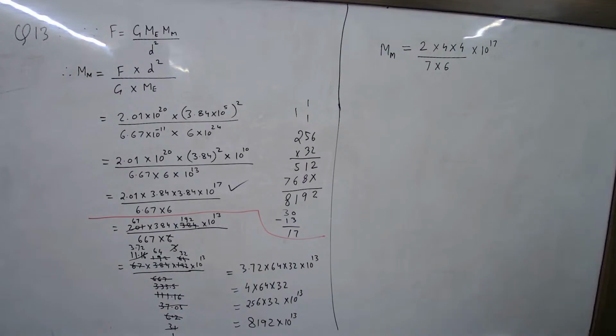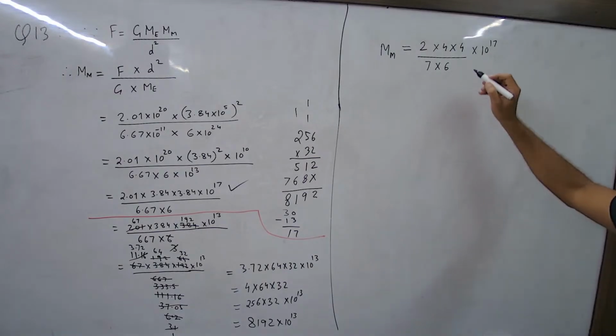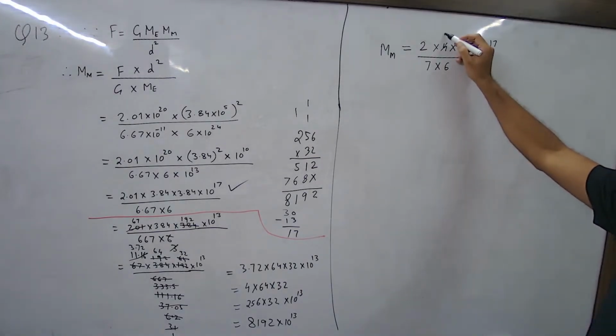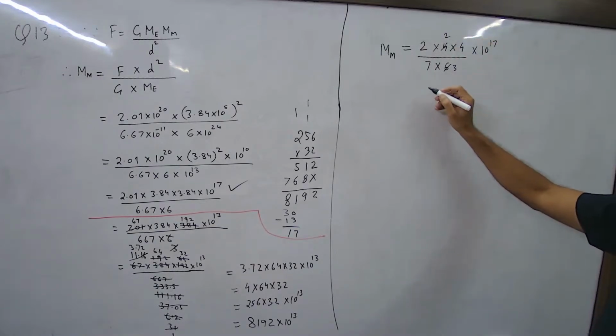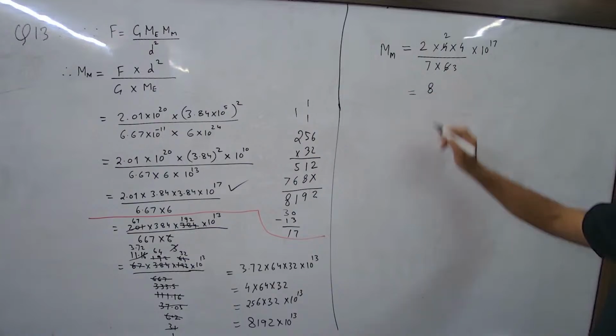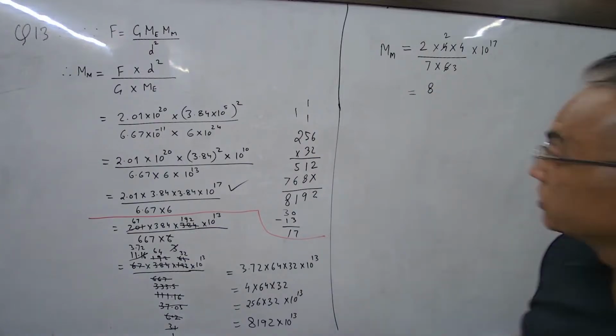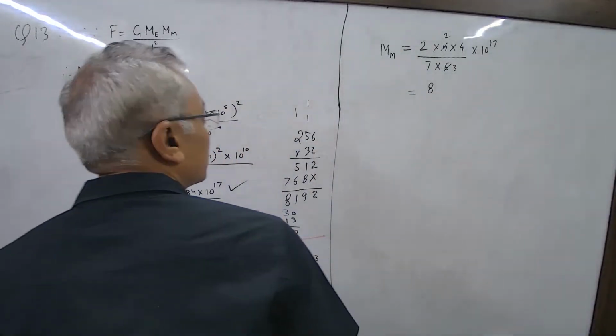ठीक है? So let's see. 6 and 12. So 2 2s are 4, 2 3s are 6, right? So again it's the same thing. 2 2s are 4, so 8 into 2, 16 divided by 21.